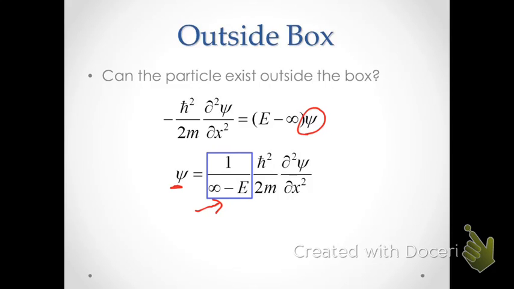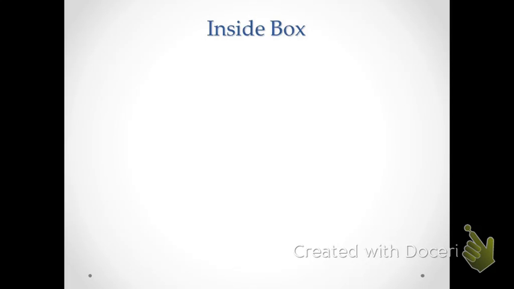That's the same thing as 1 over infinity. And we know that 1 over infinity is equal to 0. So therefore, since that first quotient is equal to 0, the wave function itself is equal to 0, and if the wave function is equal to 0, there is zero probability of finding the particle outside the box. Simple enough, right?